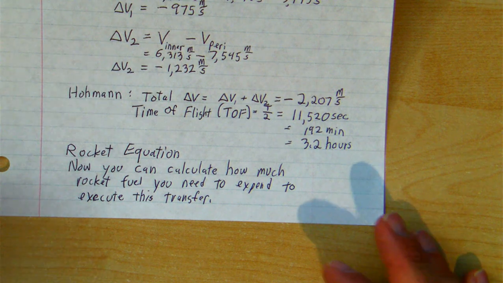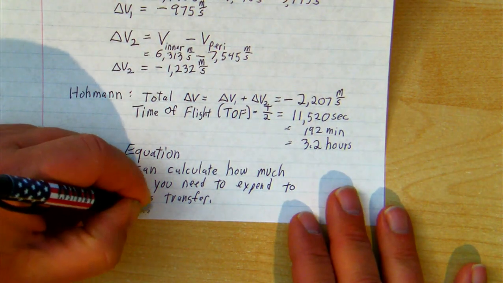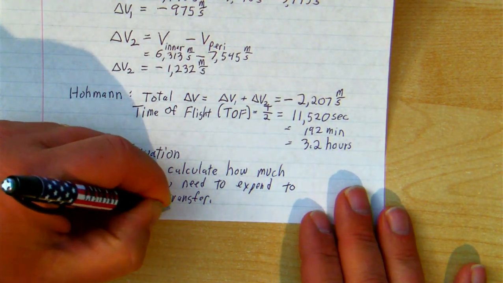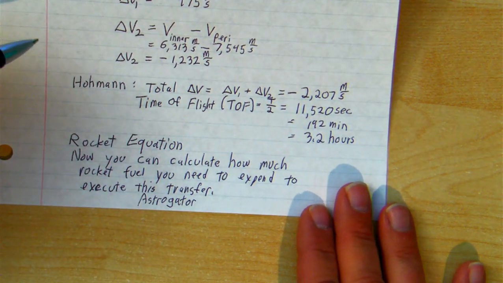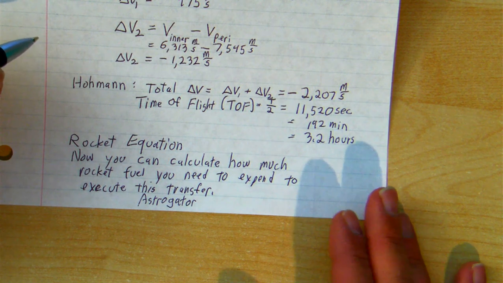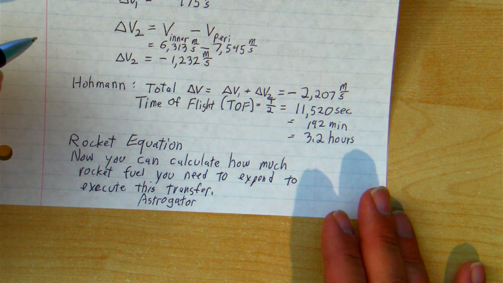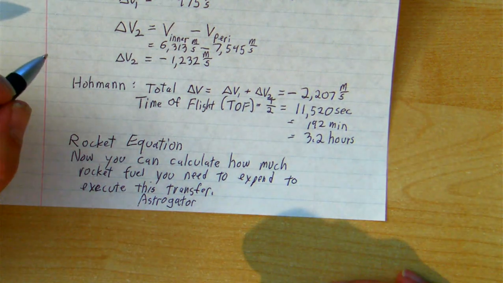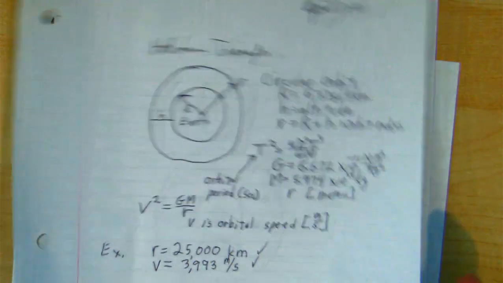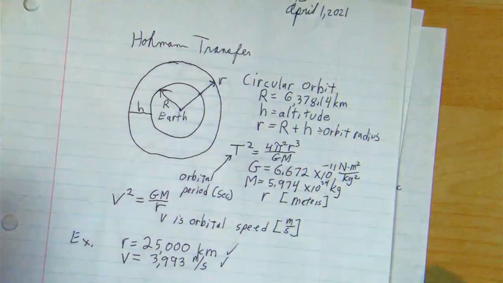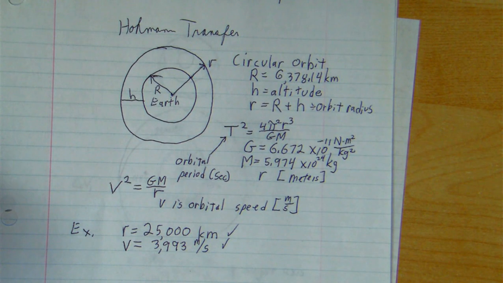And the part of STK that really lets you do stuff like this is called the astrogator. And they even have a tutorial in there called a Hohmann transfer. You could do the tutorial, and if you want, for fun, put in today's example that we did in class and see for yourself how much rocket fuel it would take.